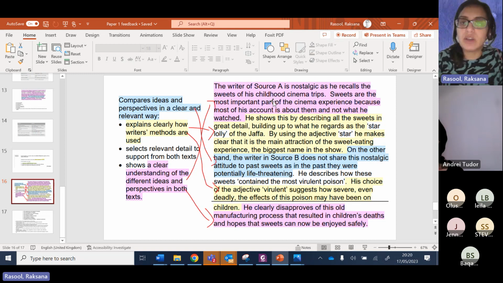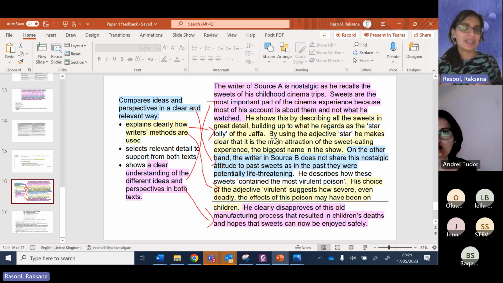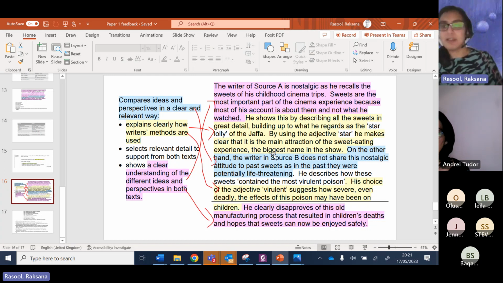As he recalls the sweets of his childhood cinema trips, sweets are the most important part of the cinema experience because most of his account is about the sweets and not what he watched. And that's what we said, isn't it? Cinema seems to be the sideline. The most focus is on the sweets. Out of 7 paragraphs, 5 paragraphs are on the sweets. He shows this by describing all the sweets in great detail, building up to what he regards as the star lolly, the Jaffa. By using the adjective star, he makes it clear that it is the main attraction of the sweet eating experience, the biggest name in the show.